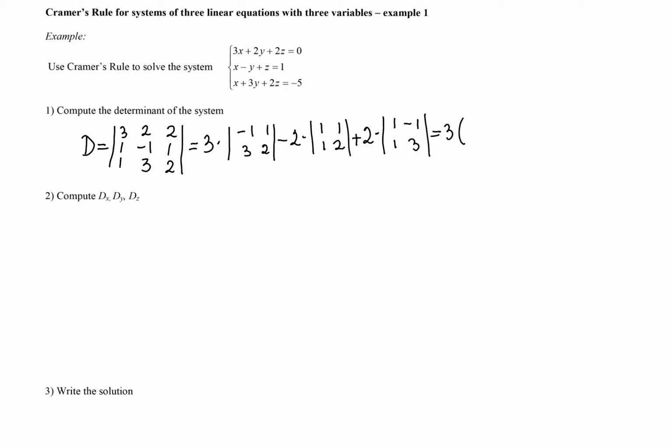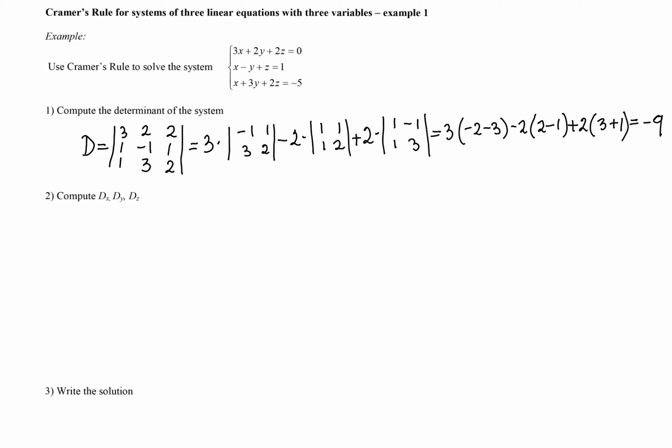It's 3 times the first determinant, which is -2 - 3. Then we'll have -2 times the second determinant, which will be 2 - 1. And then plus 2, and the third determinant is going to be 3 + 1. The value of that expression is -9.